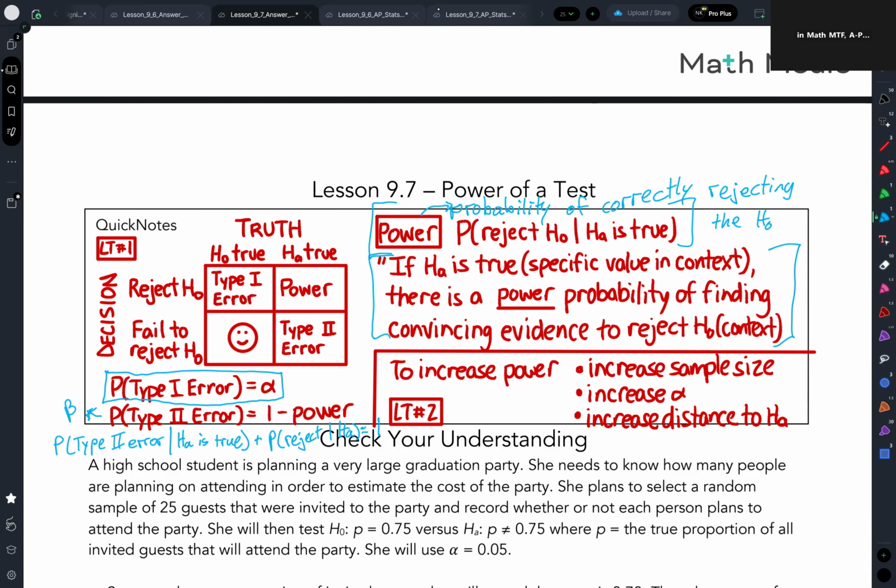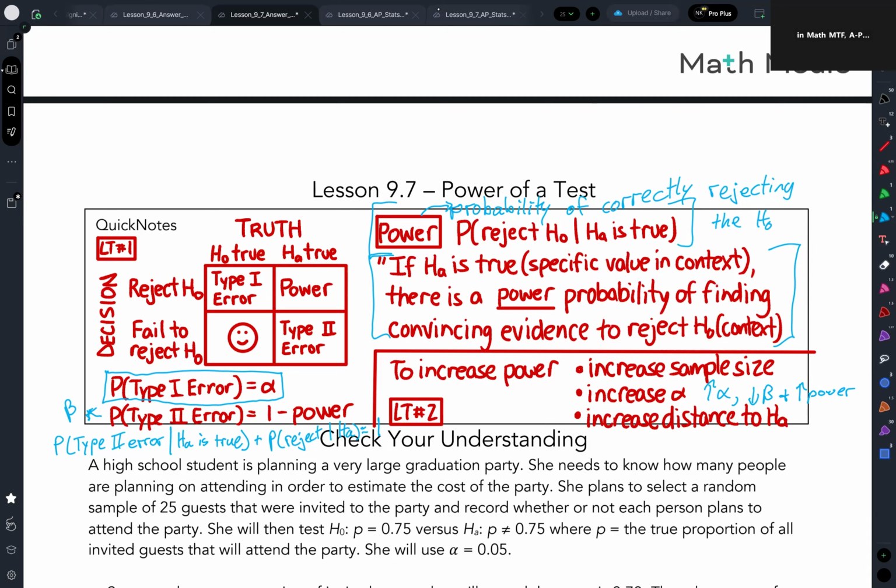If we increase our alpha, and remember, alpha and beta are inversely related, so if we increase alpha, that's going to decrease beta. We're going to lower the probability of a type 2 error. And because power is 1 minus the probability of a type 2 error, that means my power goes up. So increasing alpha increases power.